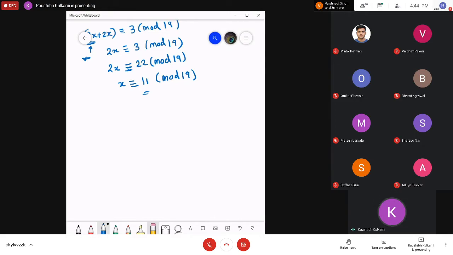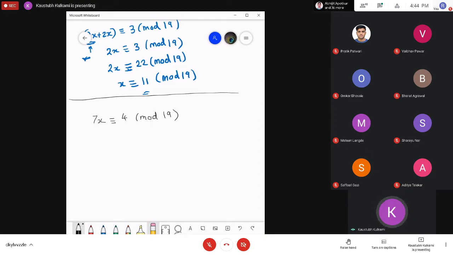For example, instead of finding the inverse, now I want to solve 7x is congruent to 4 mod 19.